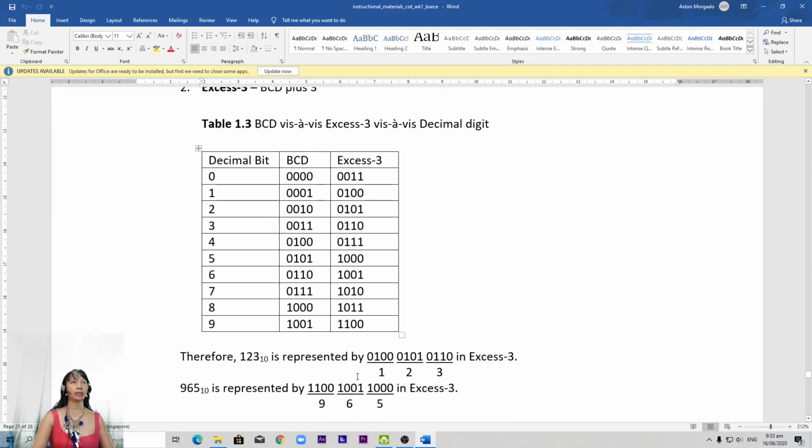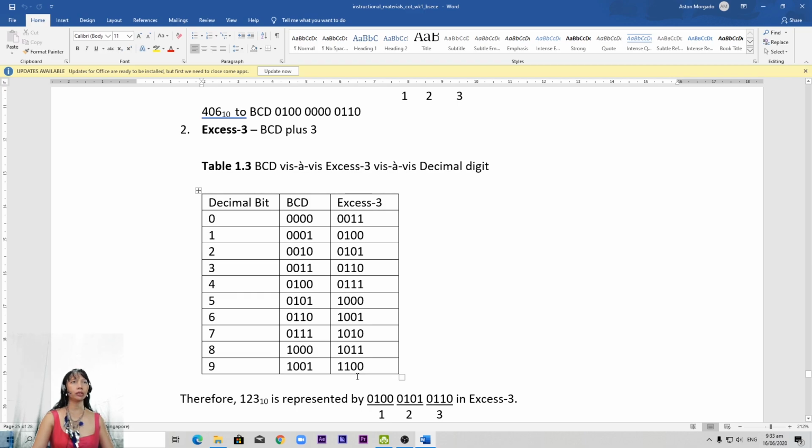Next, we have XS3. XS3 is BCD plus 3. Let's take a look at a comparison here, Table 1.3. Let's say you have 0 in BCD, that is 0000, but in XS3, plus 3, that is equivalent to 0011. And then for 1, you have 0100.